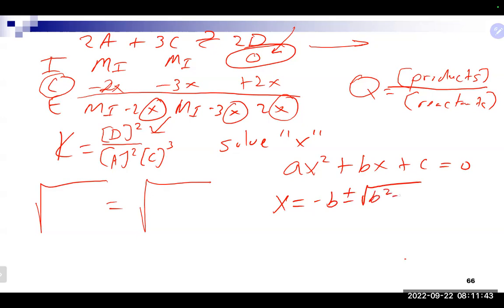As we saw, you will end up with two different answers. Those answers could both be positive, they both could be negative, or it could have a positive and a negative one. The way you could eliminate the incorrect one would be when you go back into your equilibrium line, it will yield a negative concentration or pressure. So obviously, you cannot do that.